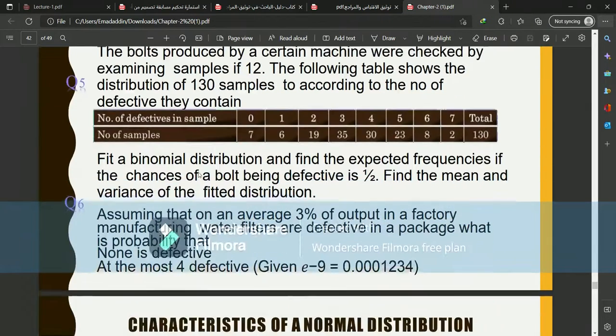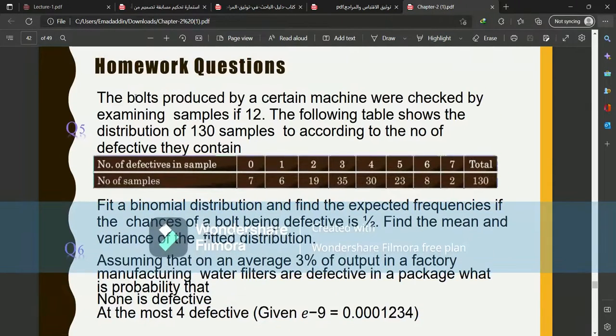Homework question. The bolts produced by a certain machine were checked by examining samples. The following table shows the distribution of 130 samples according to the number of defectives they contain.